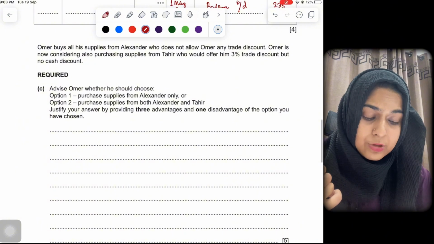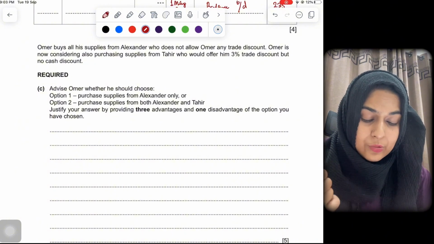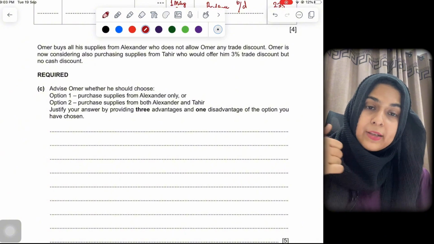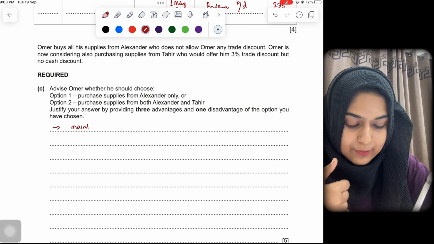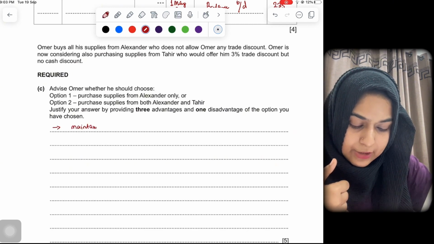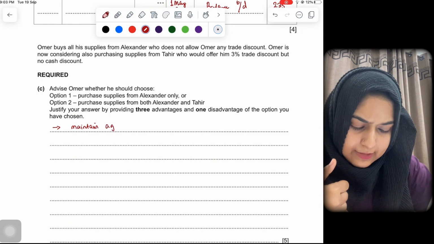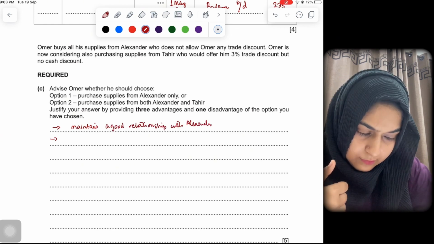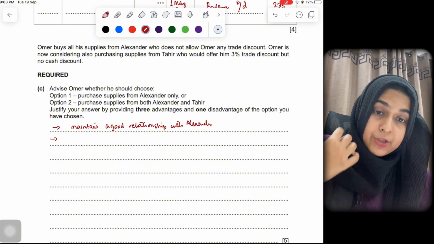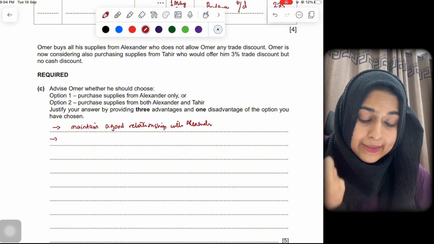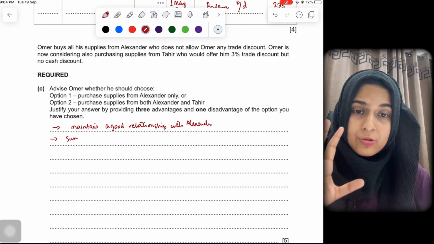So if you choose option number 1, purchasing supplies from Alexander only ensures that you maintain a good relationship with Alexander. Secondly, if you are purchasing supplies from Alexander only, you're sure about the quality.